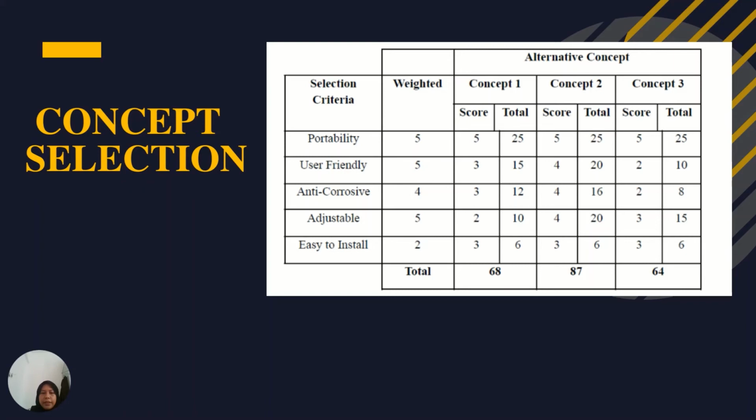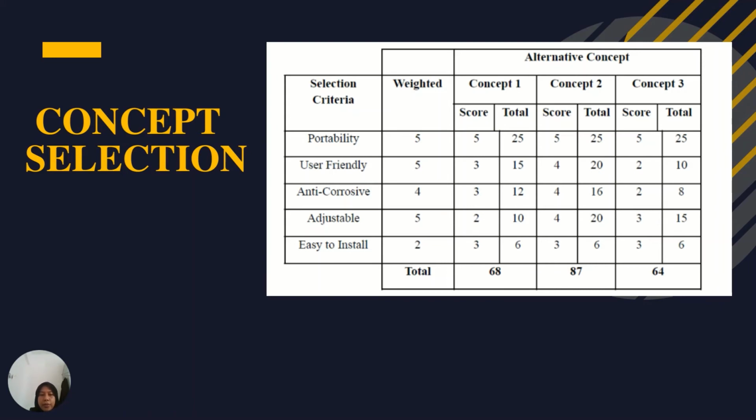Next is the concept selection. There are three concepts based on the concept sketching that we did. The first concept has a probability score of 5, while concept 2 has 5, and concept 3 is also 5. For user friendliness, concept 1 is 3, concept 2 is 4, and concept 3 is 2.